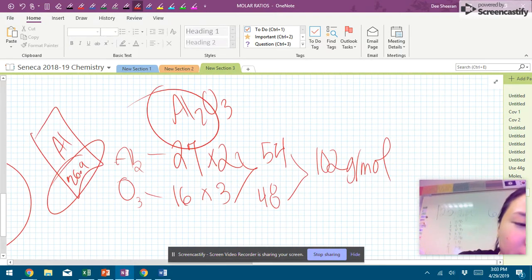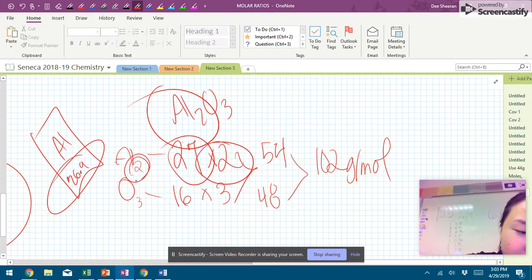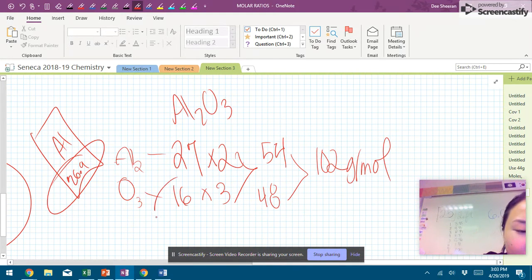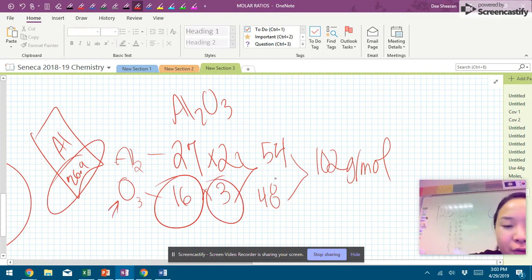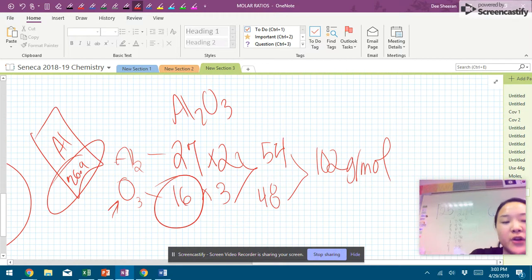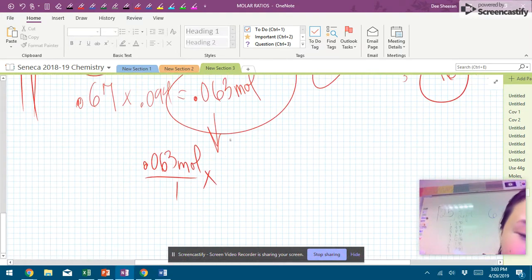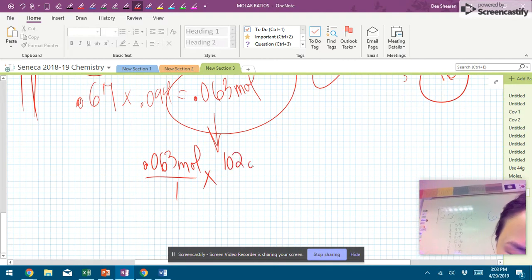We took the Al, we found its atomic mass on the periodic table, we multiplied it by 2 because there are 2 Als. That gave us 54. Then we took O3, we have 16 because of the O. We have 3 O's, so we multiply by 3, that gives us 48. And then when you add them together, it gives us 102. So 0.063 moles times 102 grams over 1.